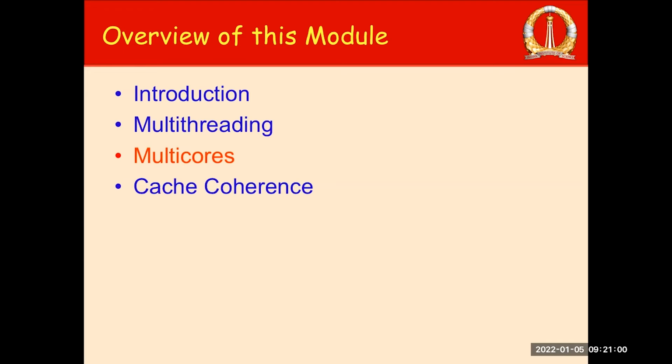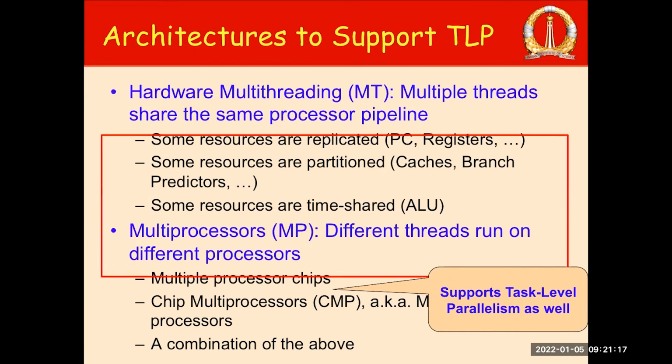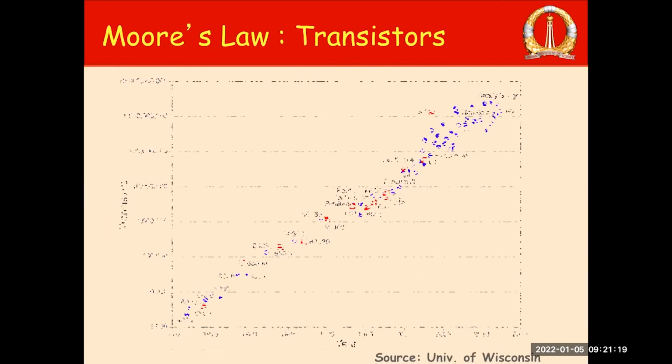So let's look at what has happened there, and why multi-cores were proposed, and why this became successful.